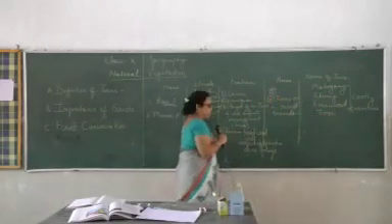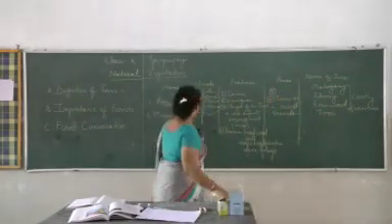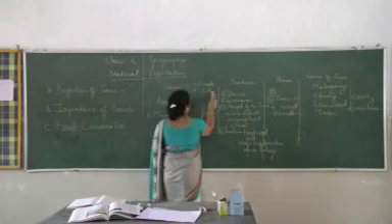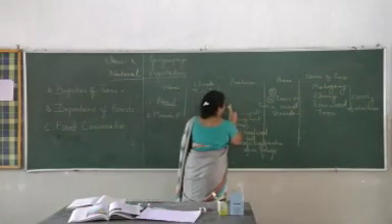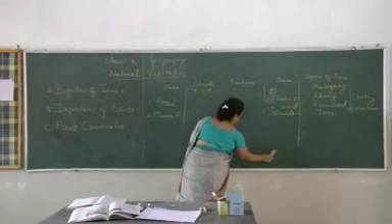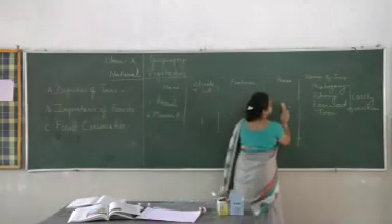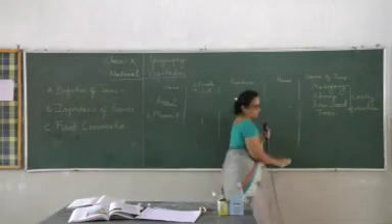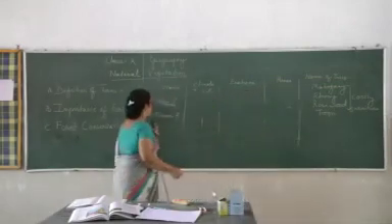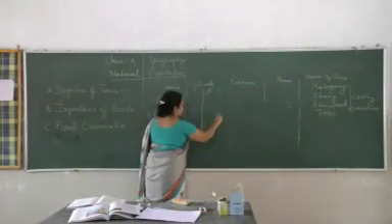Coming to the second type of forest, the monsoon forests. And you study it together because it helps you to remember the differences. Now, monsoon forests, again, rainfall is important.